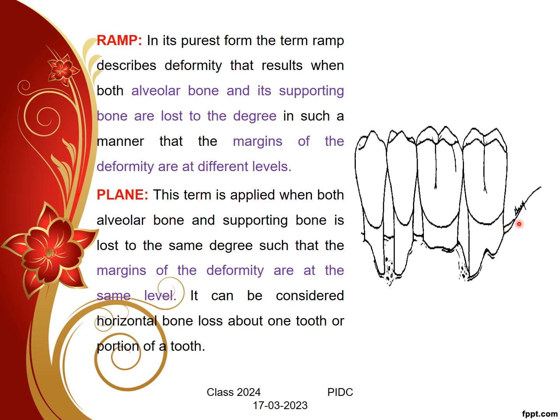Like for example, this is your supporting bone and this is your alveolar bone. So it is lost to different degrees, and you have a ramp-like effect here. So it is termed as ramp. Whereas when your alveolar bone and your supporting bone are lost to somewhat the same level, then it is called a plane. So it can be considered as horizontal bone loss about one tooth or a portion of teeth.